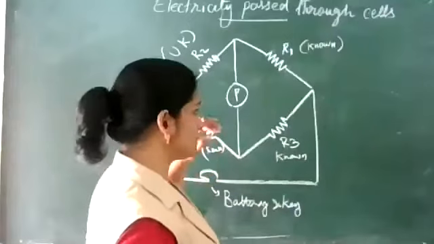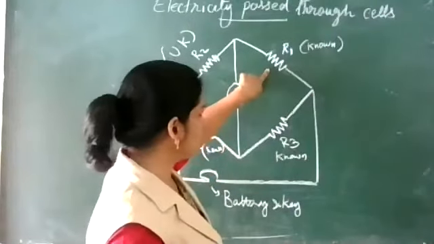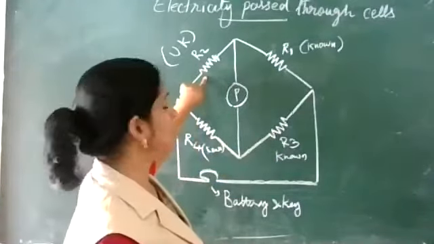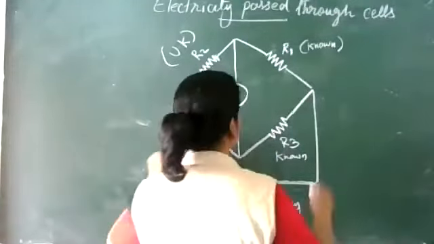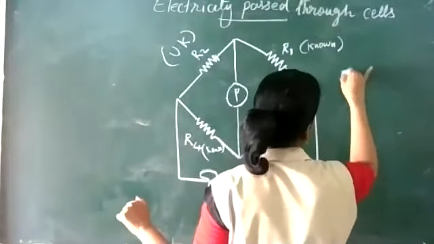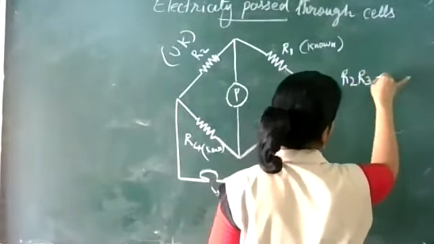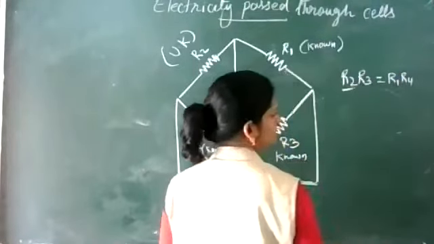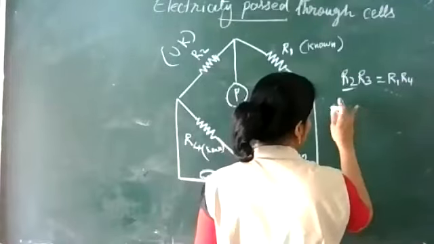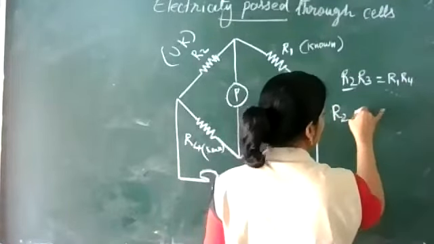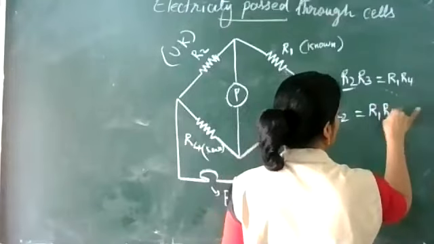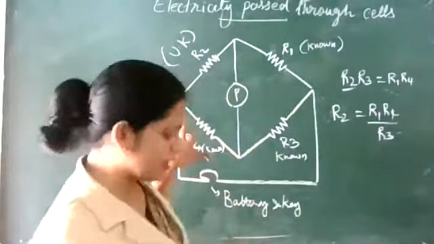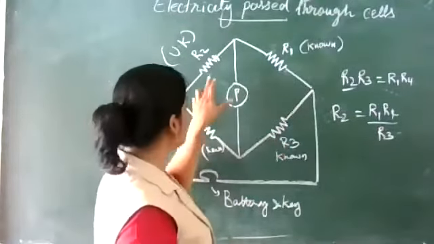So when it is balanced, these are in your hand, and this is the unknown. So R1 R4 is equal to R2 R3. So the unknown resistance R2 is equal to R1 R4 by R3. This is how we find out the unknown resistance.